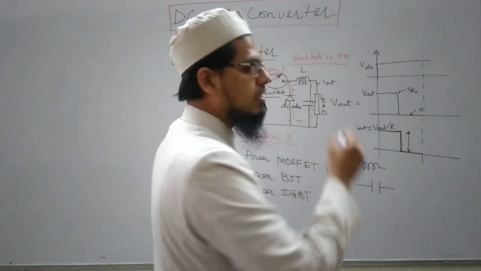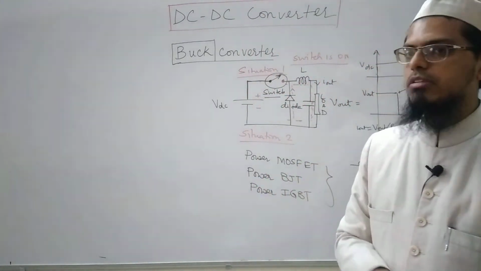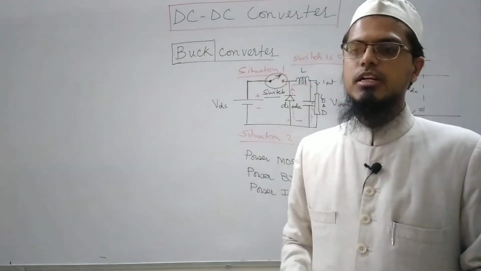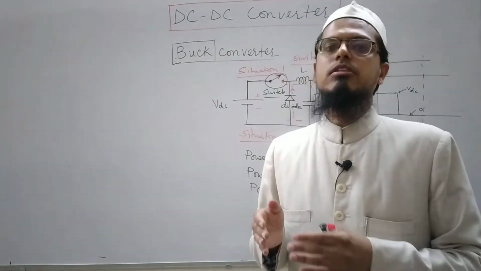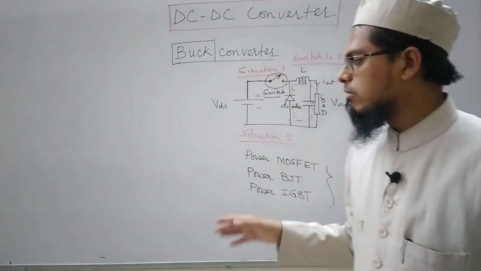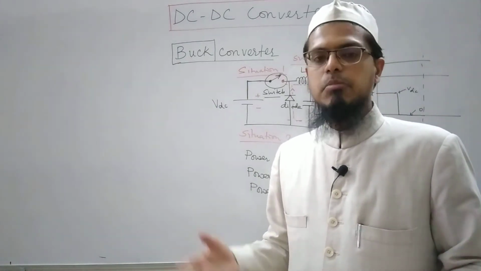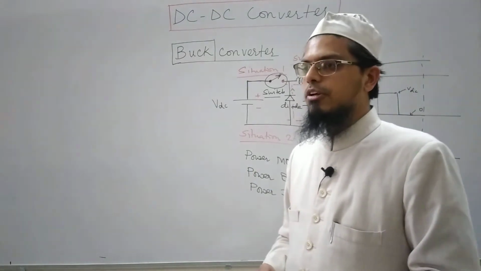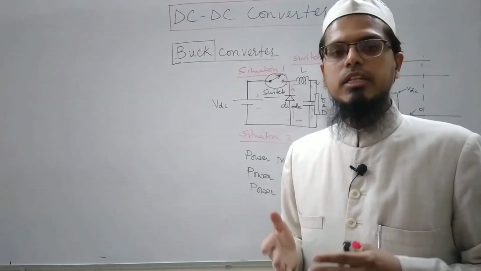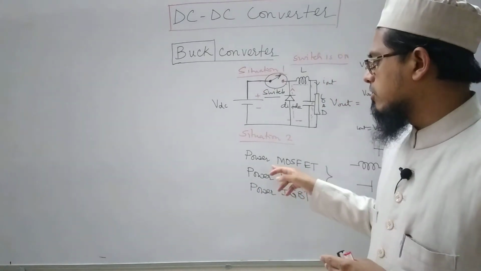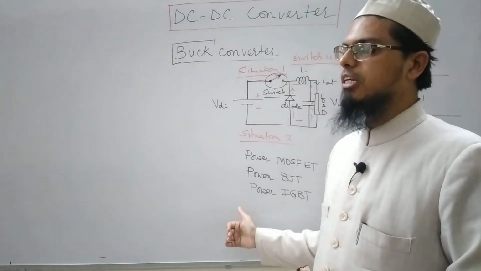There are certain additions to this list of power semiconductor devices recently, like silicon carbide devices, and they have characteristics which are close to an ideal switch, but these are the more conventional switches that are normally employed in most of the converters, wherein the turning on and off process has to be controlled by the user. So power MOSFET, power BJT, power IGBT, what is the difference between the three?